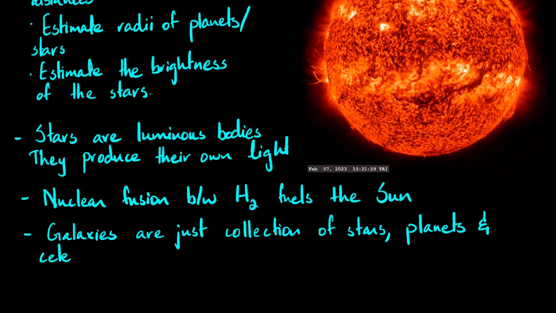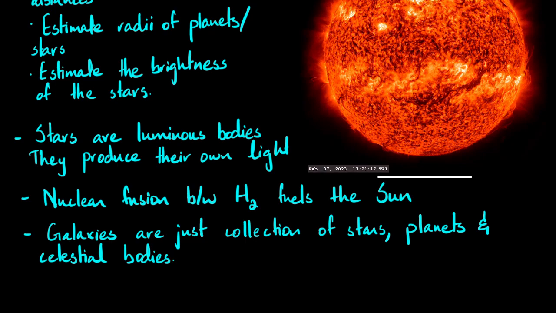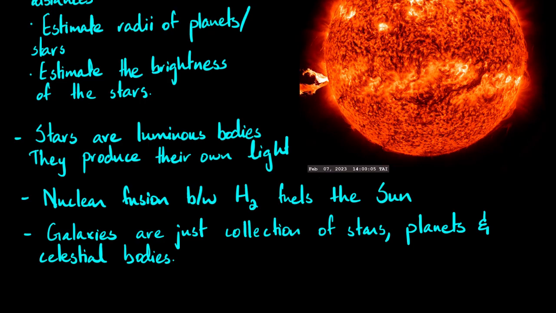Among these many more celestial bodies you have meteors, you have comets, you have clouds of gases floating around, and they form a gravitational field of their own. That's all you have, and this is what galaxies are.